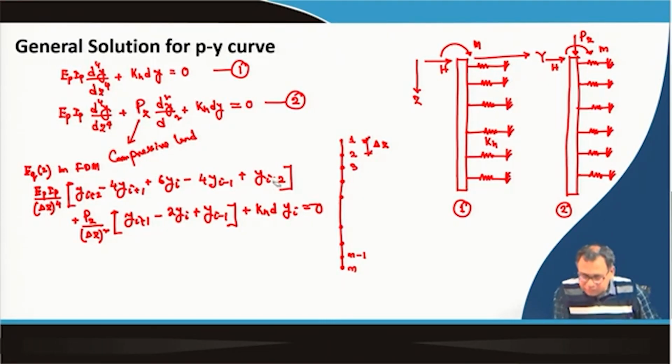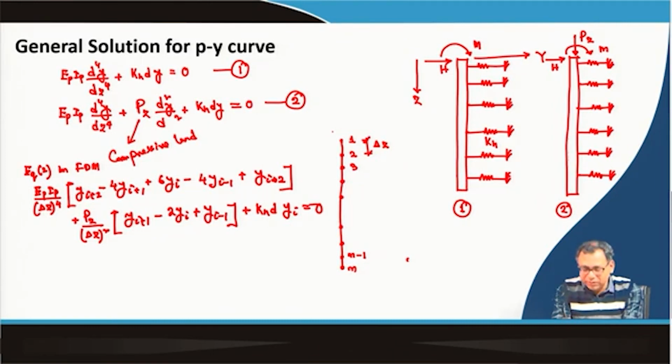So, if I apply this equation at node number 1, then there will be i minus 2, which means 2 imaginary nodes will be required.